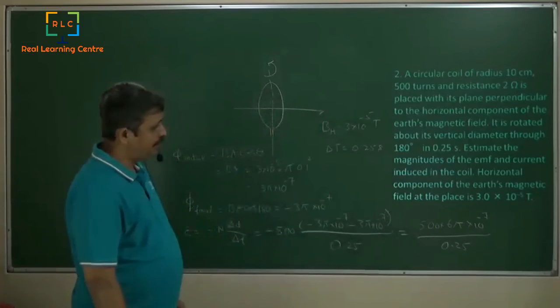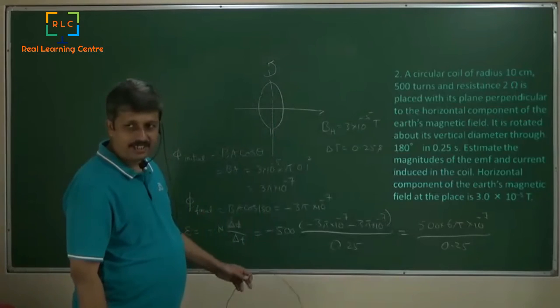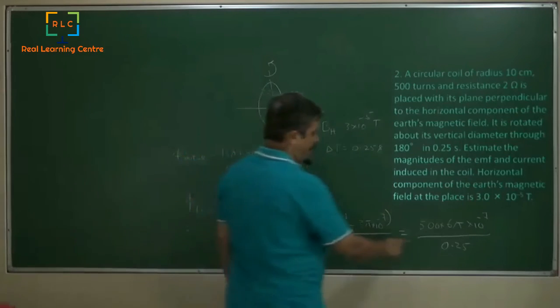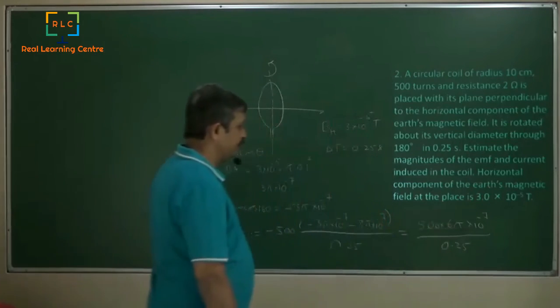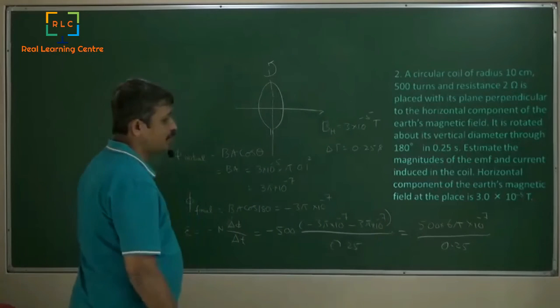That will be same as saying that if you take it up here, it will be 4. Okay. So 4 into 500 is 2000.